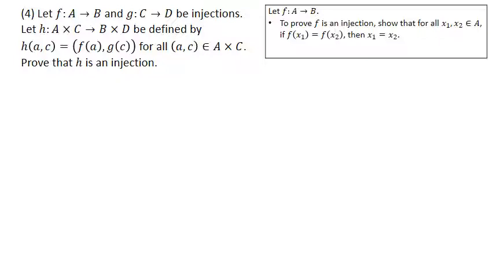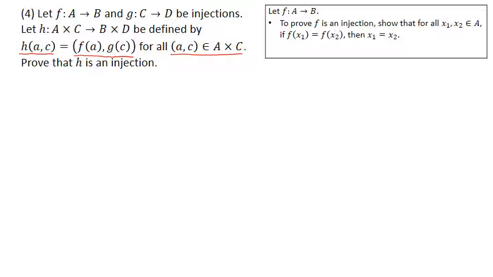And then let h be a function from A cross C, the Cartesian product of A and C, to B cross D, the Cartesian product of B and D, that is defined by this formula here, where when we input the ordered pair (a, c) to h, the output that we get is the ordered pair (f of a, g of c). And that's for all possible elements (a, c) in the domain, which is A cross C. So we need to prove that h is an injection.